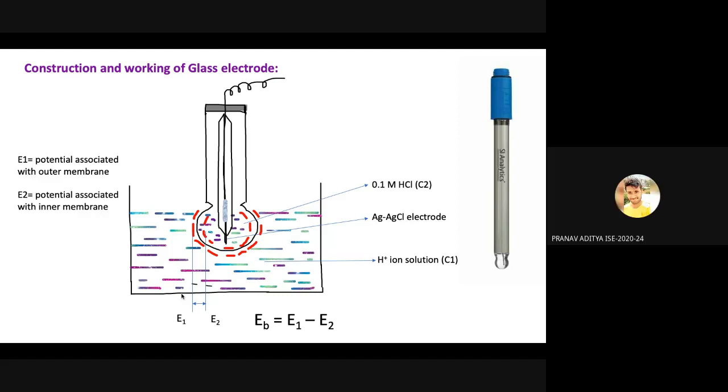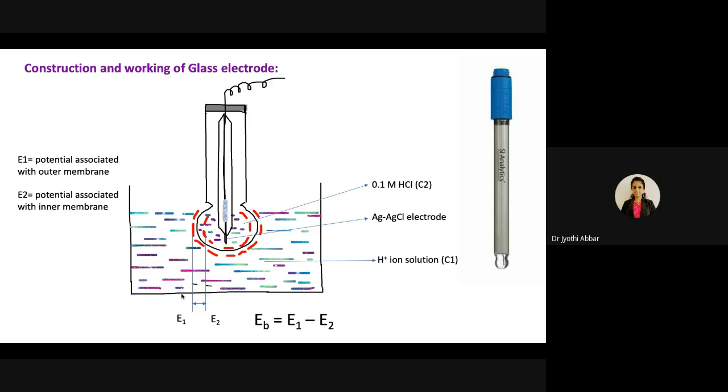It is selective to a definite ion in the solution. Ion selective electrode is the electrode which is sensitive to only one particular type of ion from the mixture of various ions present in the solution.